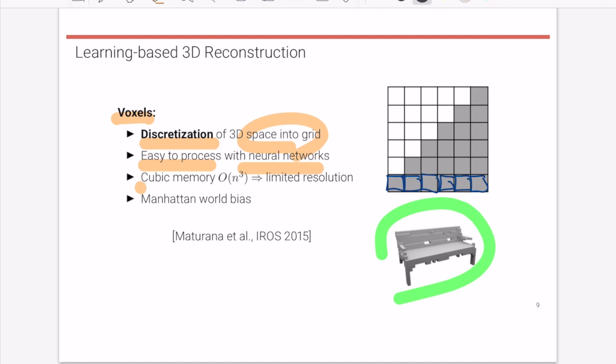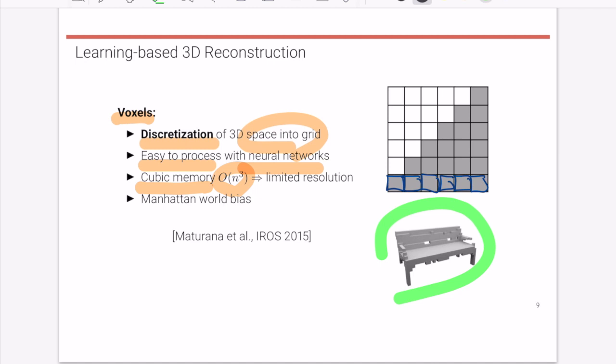But it requires cubic memory because it has three dimensions, x and y and z direction. So the order of the memory should be O of n cubed, where n is the number of grid cells along each dimension.